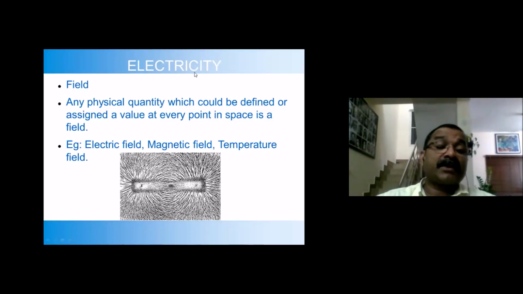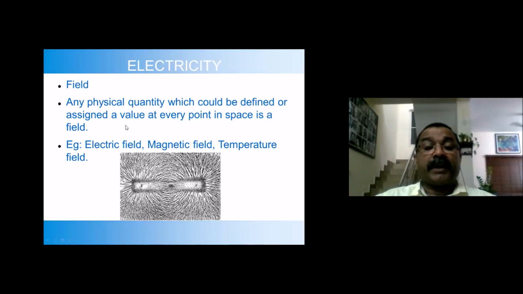In science, its definition is written here. Any physical quantity which could be defined or assigned a value at every point in space is a field.